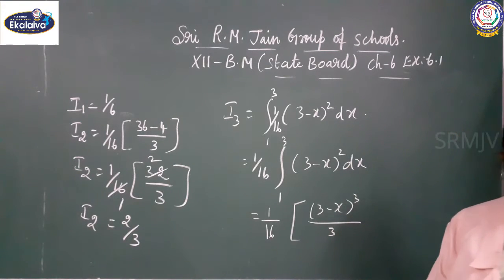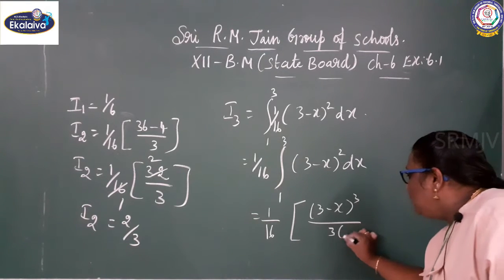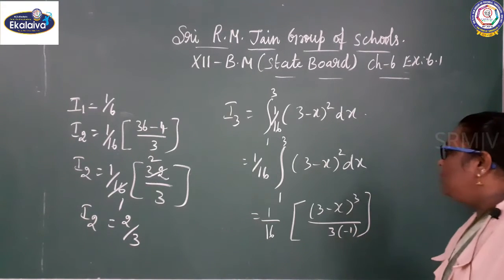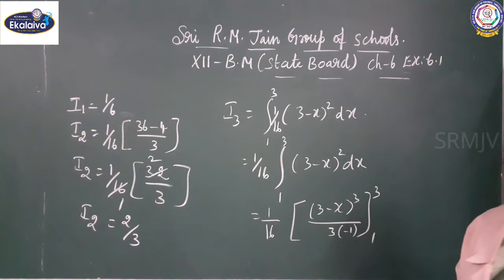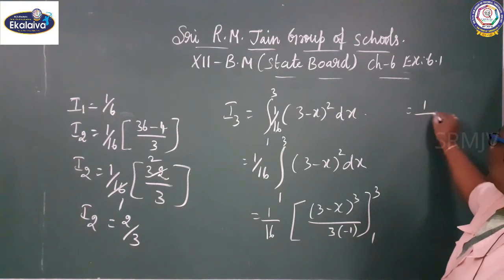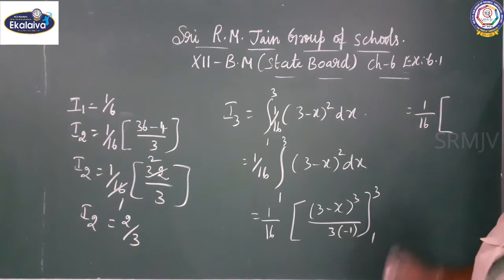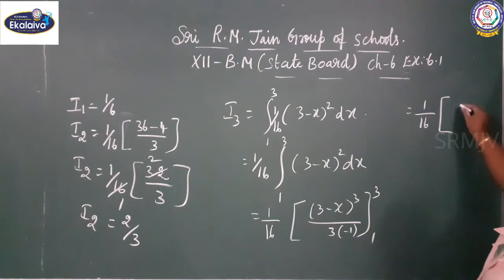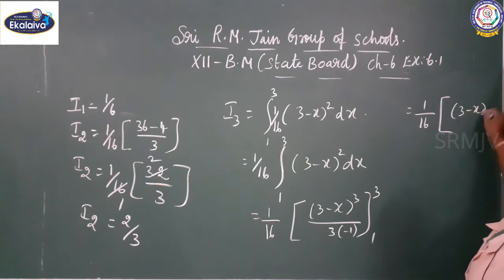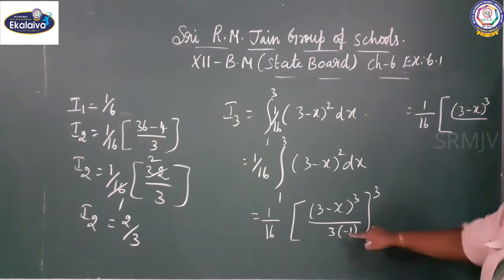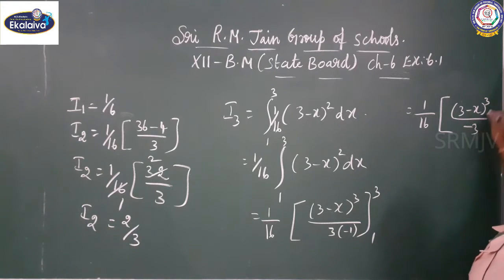What is the coefficient of x? Minus 1. So into minus 1, what is the limit? 1 to 3. So 1 by 16 into 3 minus x the whole cube by minus 3. Limit is 1 to 3.